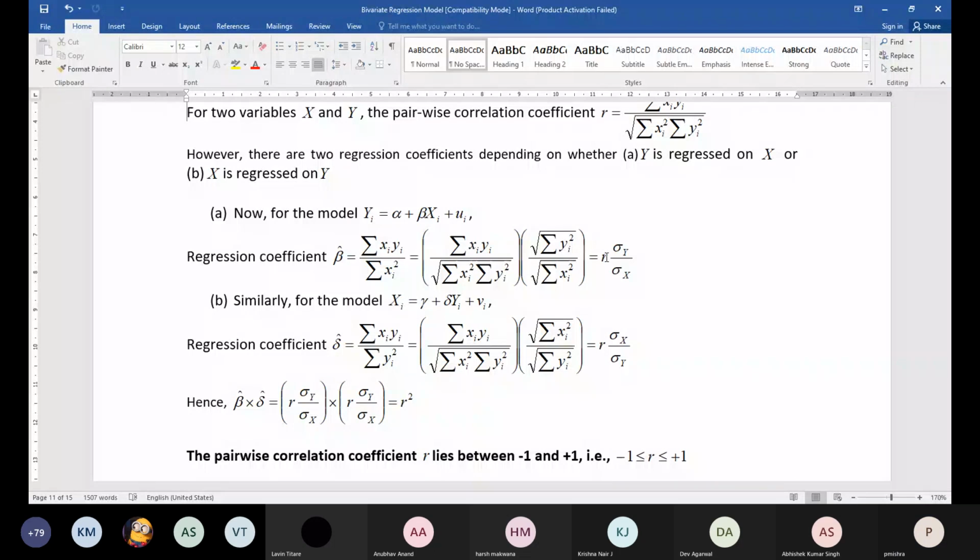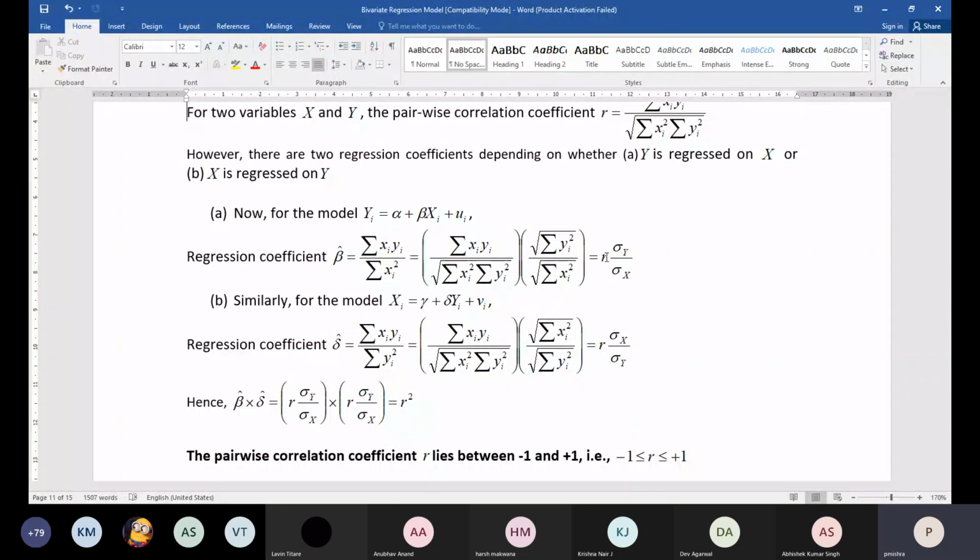From that, sign remains the same, and it doesn't matter whether we are regressing x on y or y on x. But these two regression coefficients would be same and would be equal to R when sigma y is equal to sigma x.